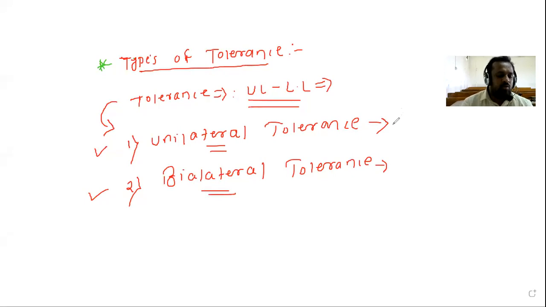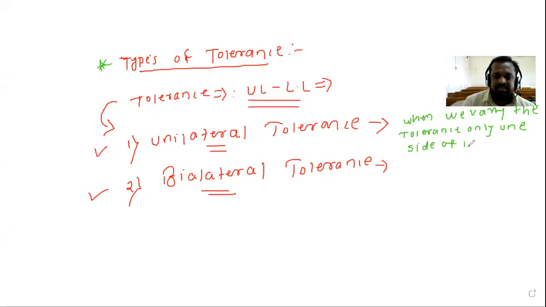Simply, when we vary the size, or we can say the tolerance, only on one side of the basic size, then it is called the unilateral tolerance.